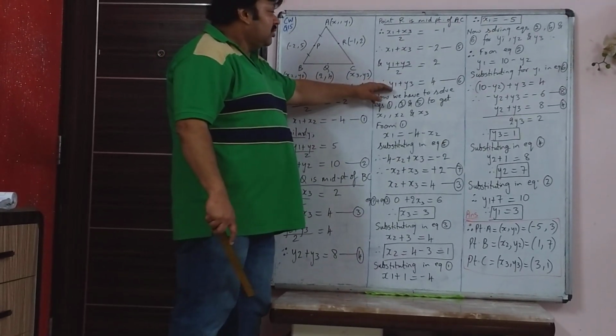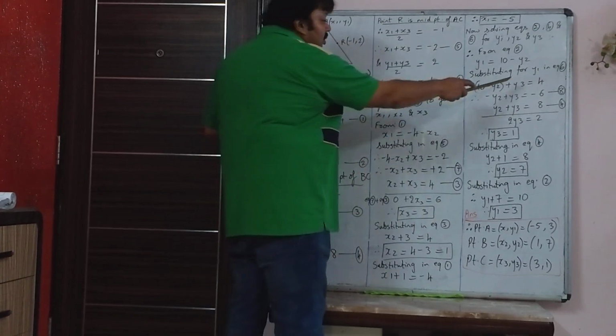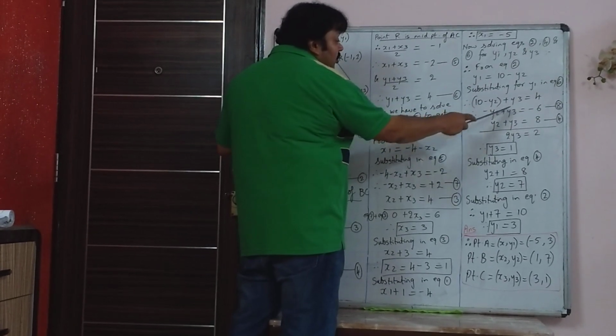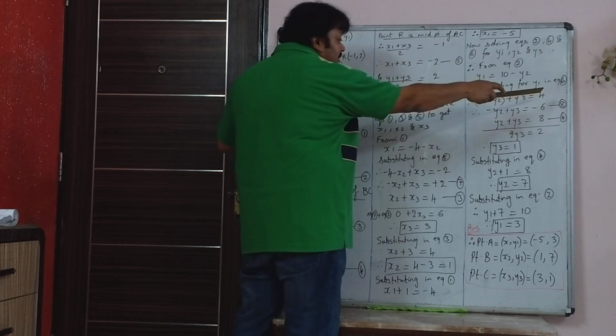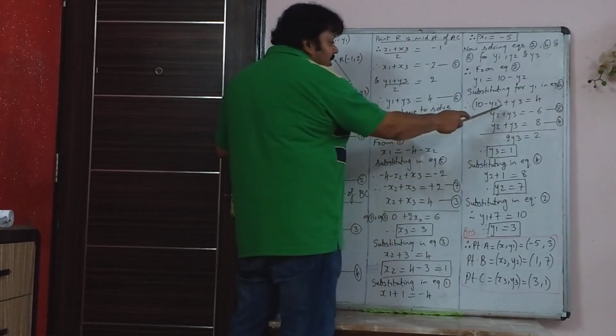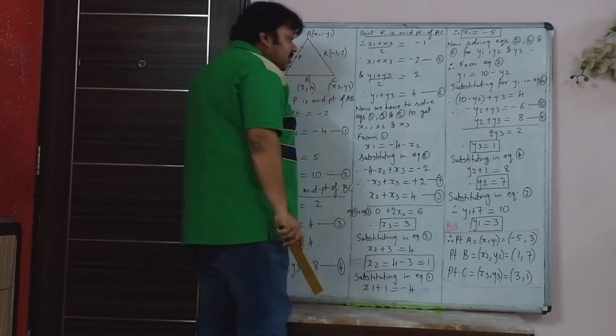So 10 minus y2 plus y3 is equal to 4. So this gives me minus y2 plus y3 is 4 minus 10 on the other side, so it is minus 6. Minus y2 plus y3 is minus 6.